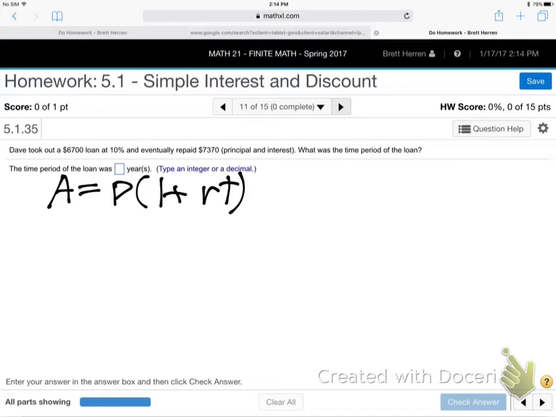We good? So the 6,700, what's that? That's principal, huh? That's the loan. The 6,700 is the loan amount, so that's the principal, right? That's the original amount.